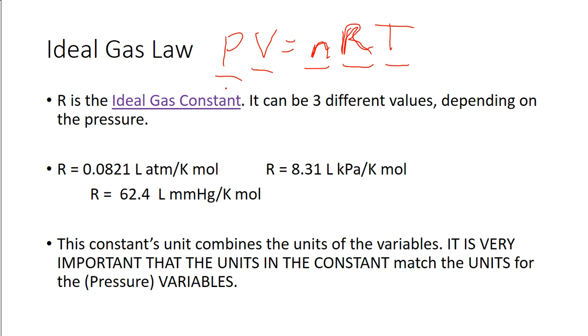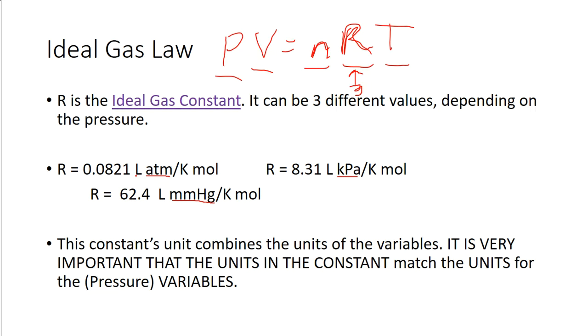And thanks to the fact that we can't decide on a pressure unit, we have 3 values for R. One R uses atmospheres, and that's 0.0821. One R uses kilopascals, that's 8.31. And one R uses millimeters of mercury, and that's 62.4. So depending on what you use for your pressure, that will determine which R you use.